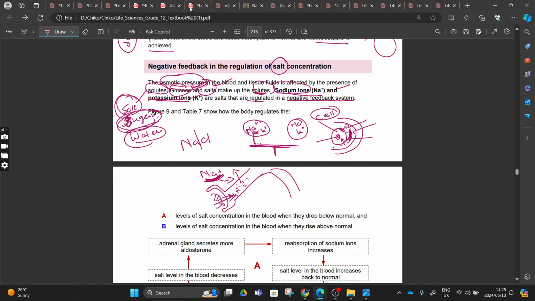So here's the thing, when you have more salt, it means that your sodium ion is here in the blood. It is not passing to your distal tubule. Why is it not passing? Because you are short on potassium ion. You need potassium. You need to eat bananas.